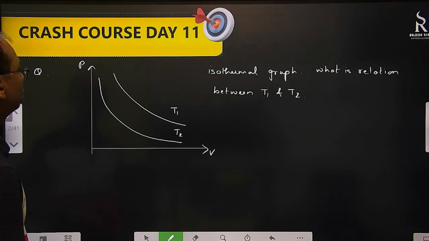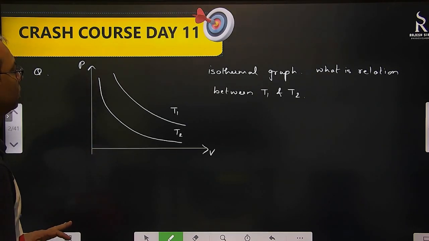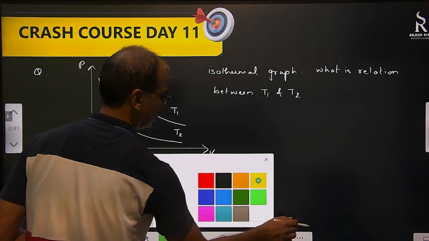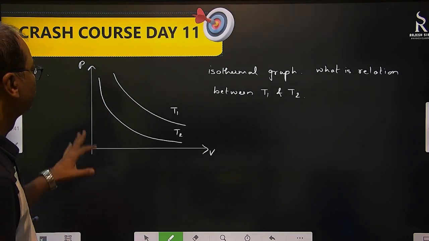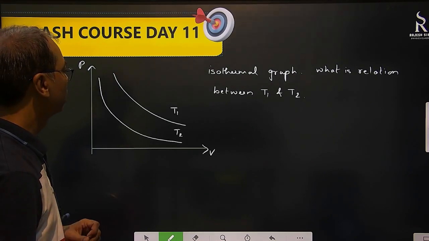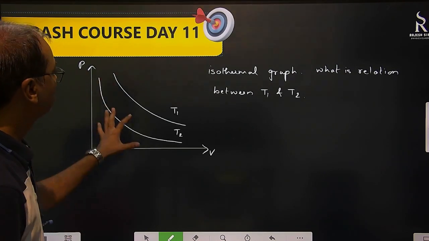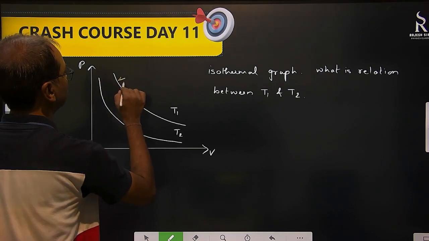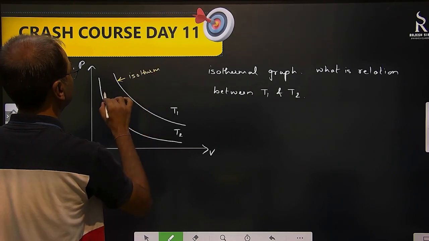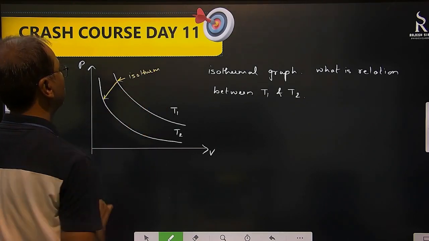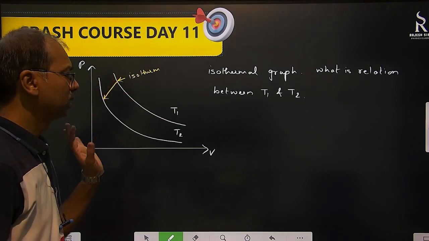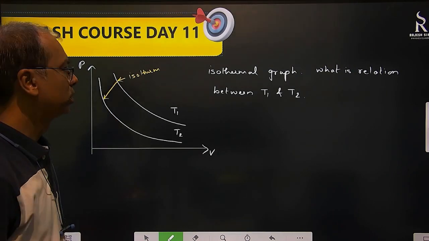Now let's see. This is PV graph here, and relation between T1 and T2 is asked from us. Simple it is, if we can analyze what it is saying. So PV graph's area gives us what? Work done, we all know. But here these are isotherms, both are isothermal processes, so temperature is constant.